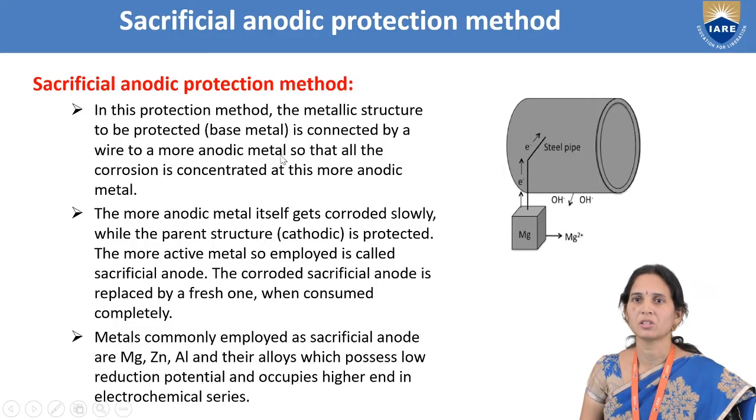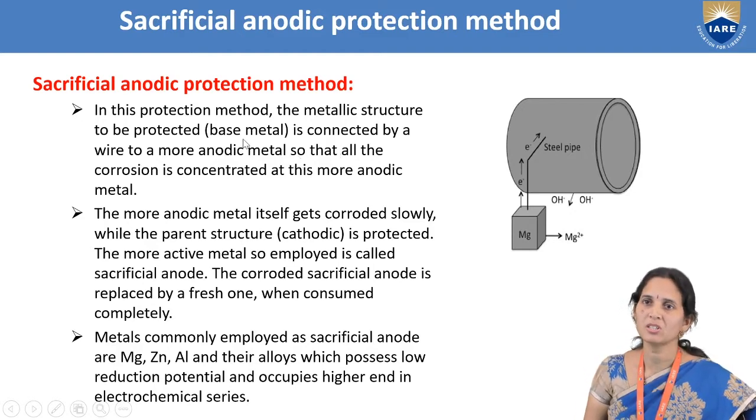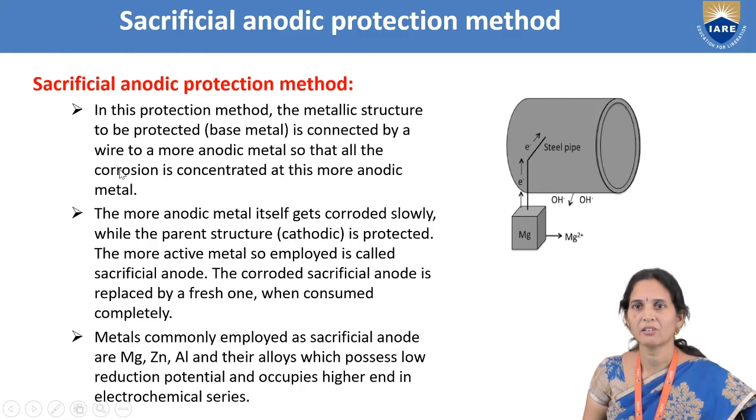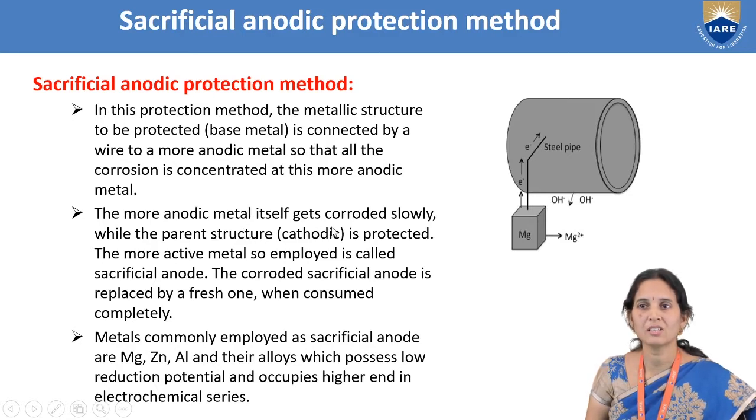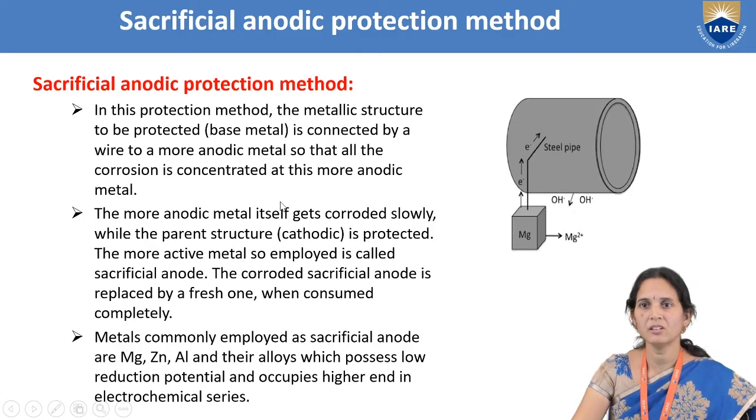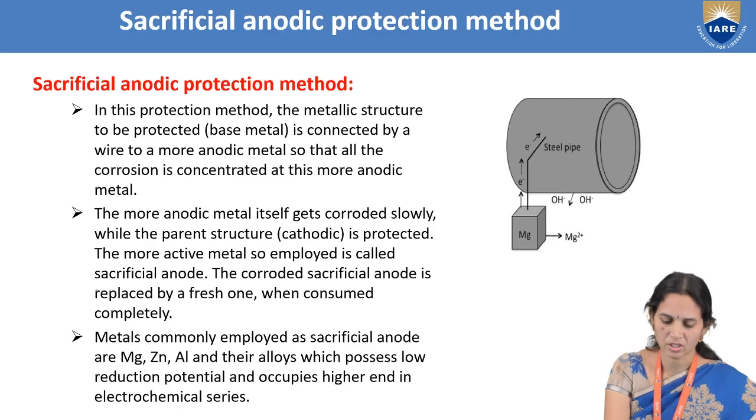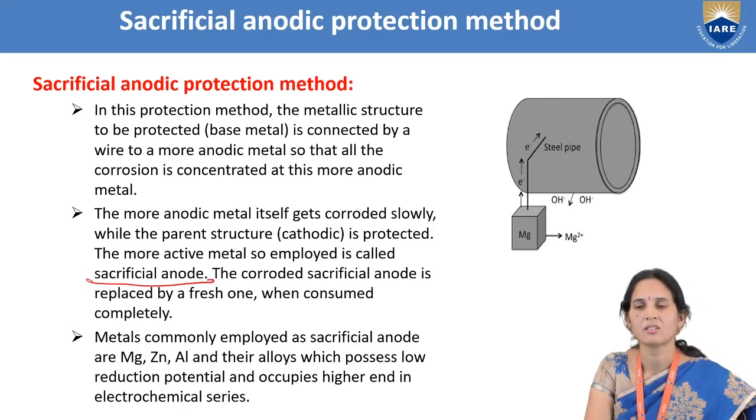In the sacrificial anodic protection method, the metallic structure to be protected, meaning the base metal, is connected by a wire to a more active, more anodic metal, so that all the corrosion is concentrated at this more anodic metal. The more anodic metal itself gets corroded slowly, while the parent structure, being cathodic, is protected. The more active metal is called the sacrificial anode.